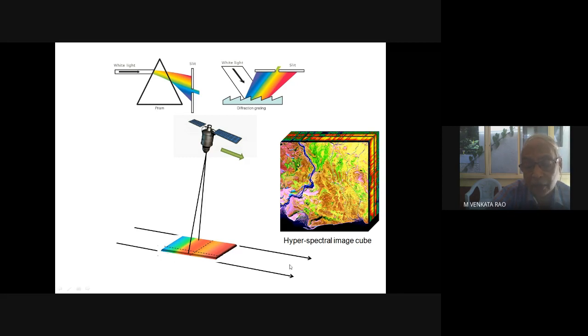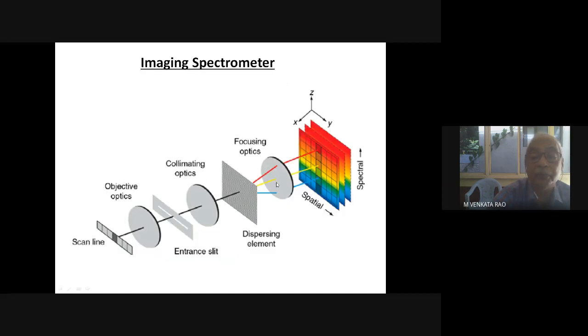So for each narrow wavelength, you will get one image. That is how this hyperspectral image is shown. In the third dimension is the number of bands, some 200, 300 bands. Each band will have one image. This is the imaging spectrometer concept.